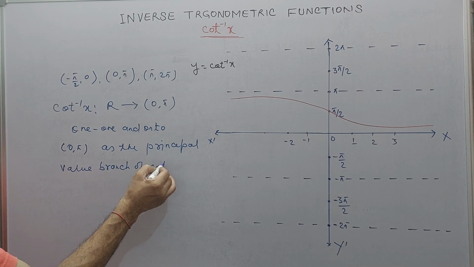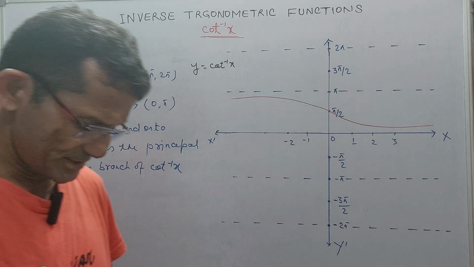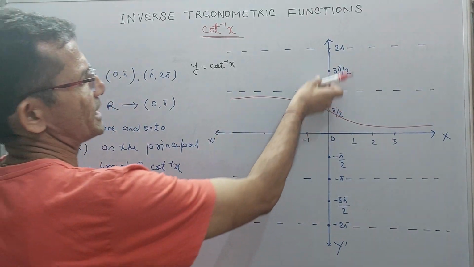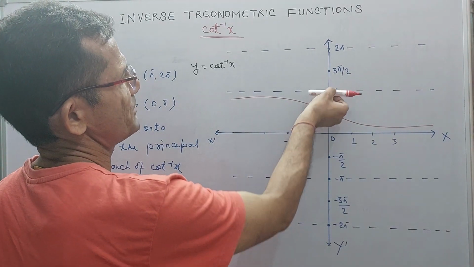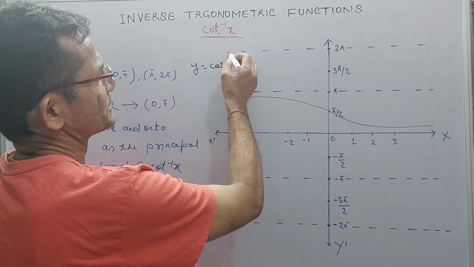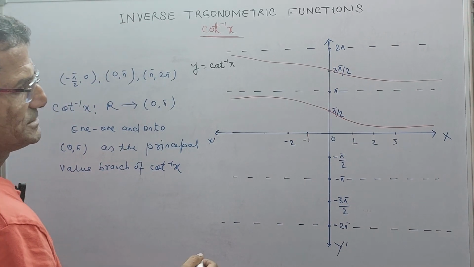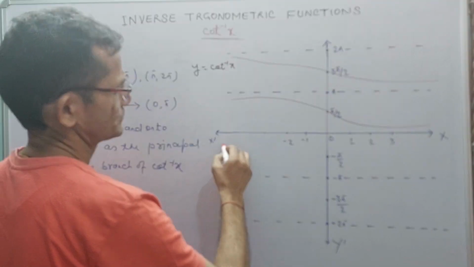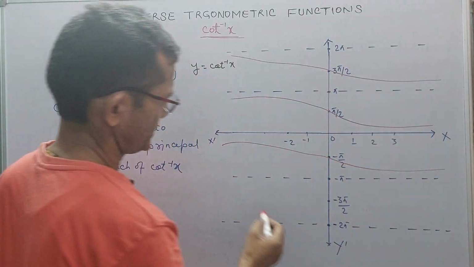of cot inverse x. In this way, if I restrict the cot function to other intervals, it also becomes one-one and onto. Like in the interval from pi to 2 pi, the graph of cot inverse x will be like this, and in this interval like this.